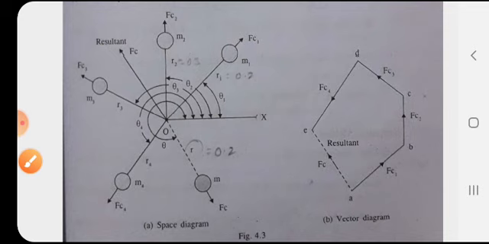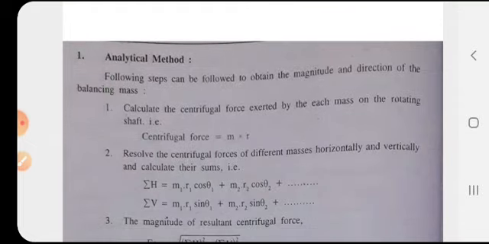When these masses rotate about an axis through O and perpendicular to the plane of the paper with a constant angular velocity of omega radian per second, the balancing of several masses rotating in the same plane can be found out by the analytical method and the graphical method.